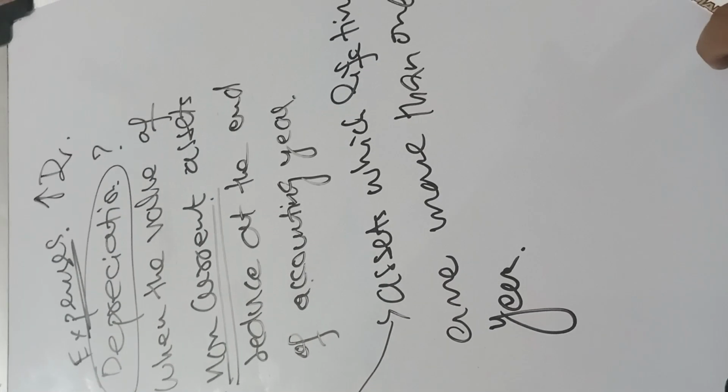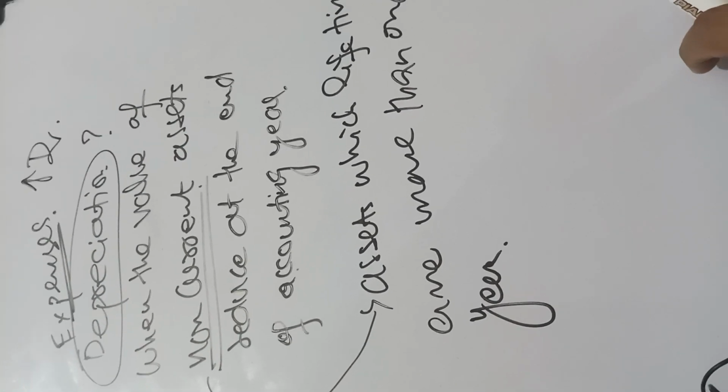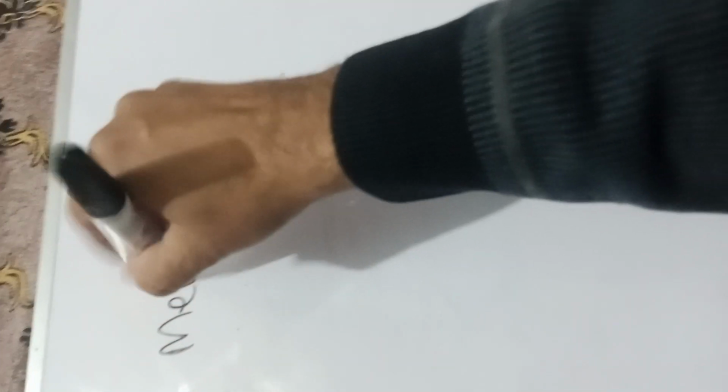So the question is, how can we calculate depreciation? We can calculate depreciation by using two methods. Now I am going to discuss these two methods of depreciation. First of all, let's see, students, methods of depreciation.